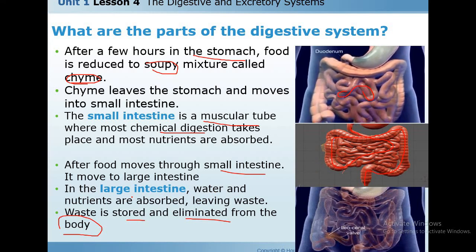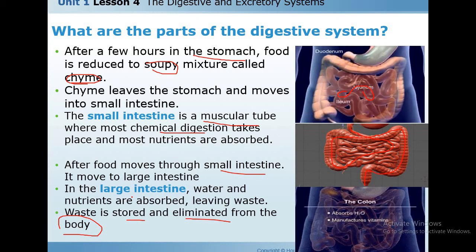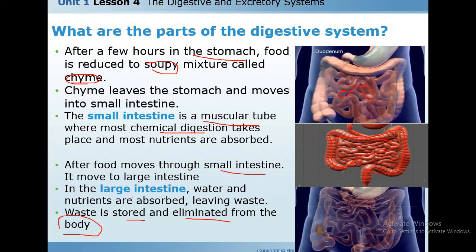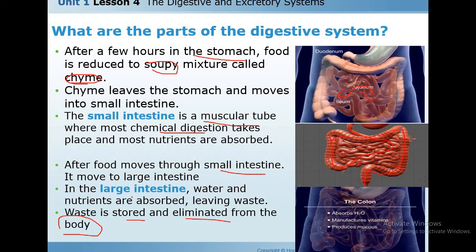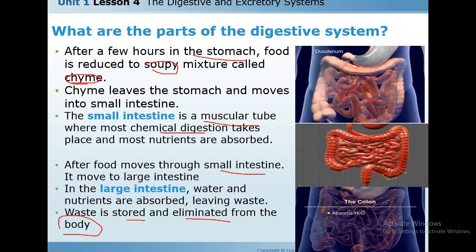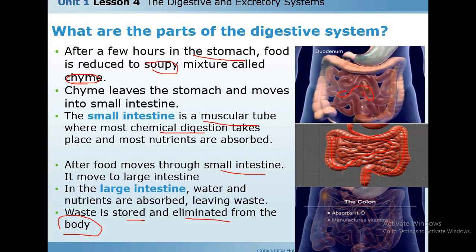So again, after a few hours in the stomach, what happens inside the stomach? The food is mixed and turned into a soupy mixture, like a fluid. This soupy mixture is called chyme. The chyme leaves the stomach and passes through the small intestine. Inside the small intestine, most chemical digestion takes place and most nutrients are absorbed.